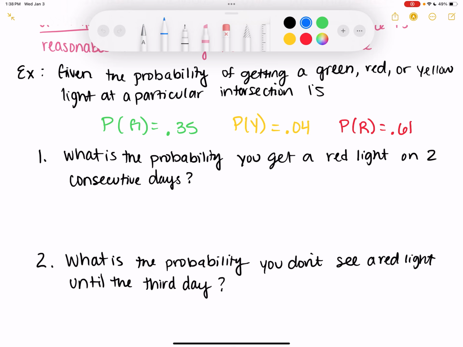So this was where we had the probability of a red, green, or yellow light at an intersection. What is the probability you get a red light on 2 consecutive days? So these events are independent. Use the multiplication rule.